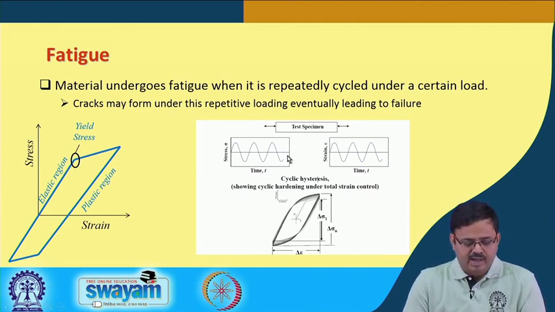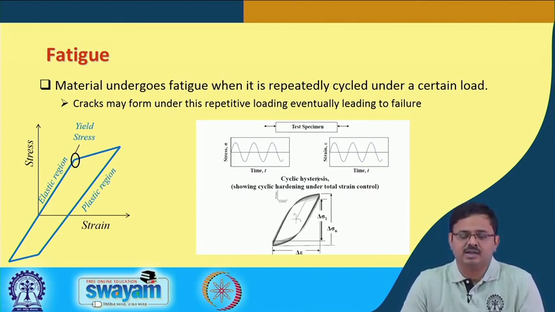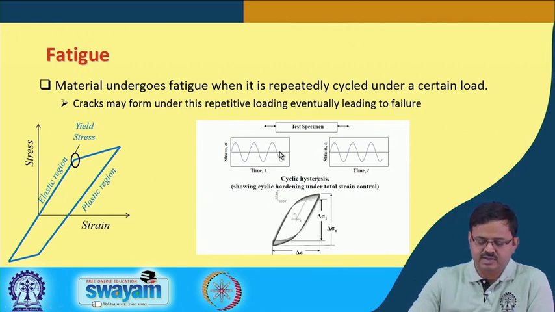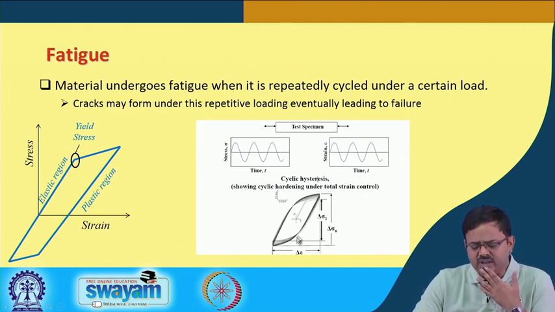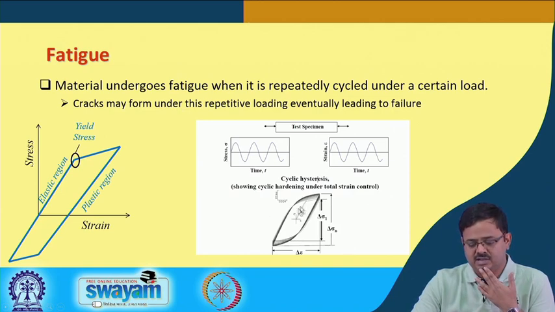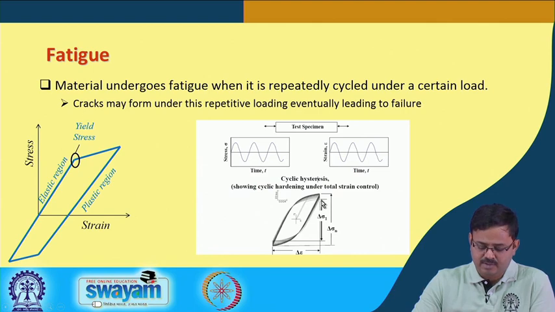So, when you apply a certain cyclical load, what happens? You take a stress specimen, this is how the stress is going up and down, this is how the strain is also going up and down, and let us say I do this repeatedly and I go to the plastic region. What do I see? At the beginning, this maximum stress and maximum strain, or for a given strain, for example, if the strain is held constant, at the beginning this is how it was, right.